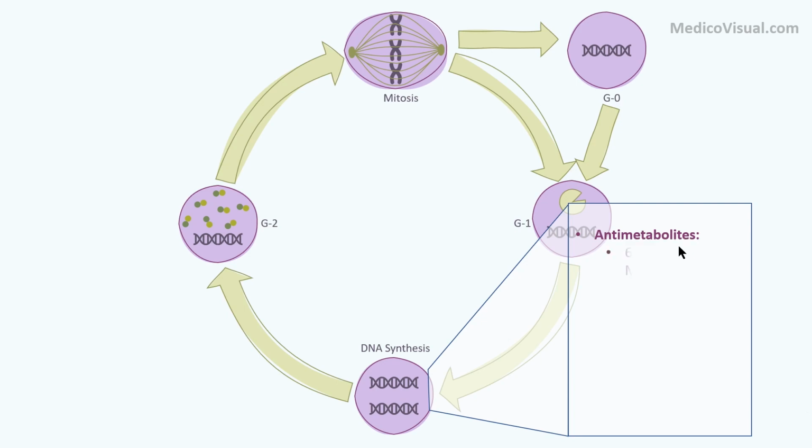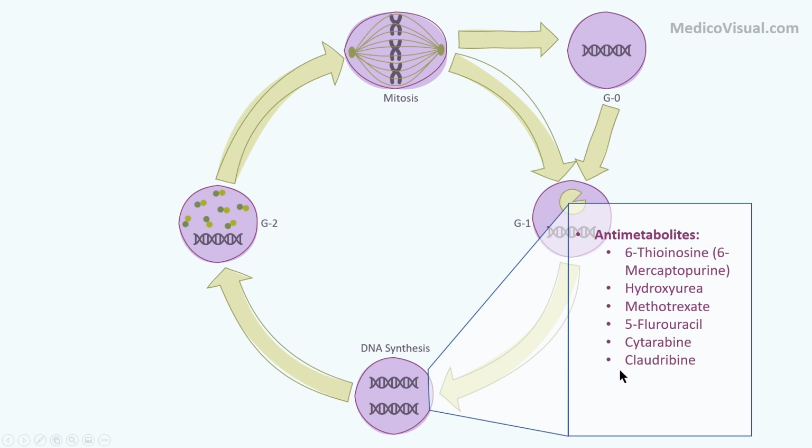What are those anti-metabolites? 6-thioguanine or 6-mercaptopurine, hydroxyurea, we have already studied them, methotrexate, 5-fluorouracil, and those beans, arabinoside, cytarabine and cladribine. So these are the drugs that act on DNA synthesis in S phase, and of course we also have topotecan and etoposide. These are topoisomerase inhibitors.